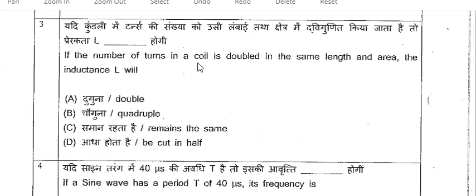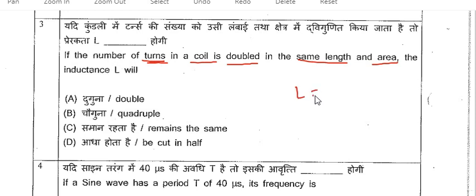If the number of turns in a coil is doubled in the same length and area, the inductance L will be what?